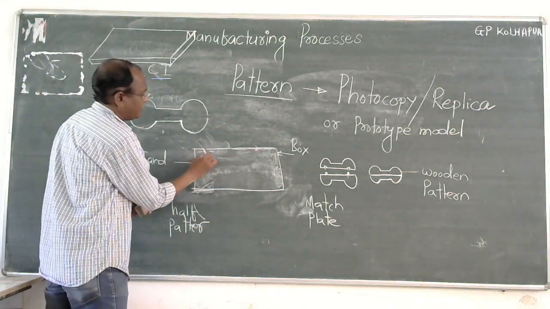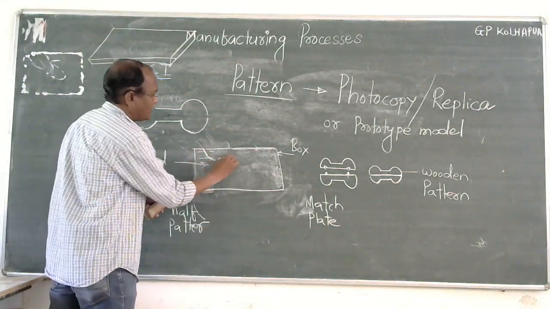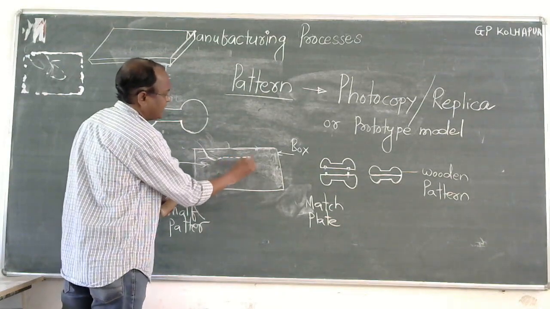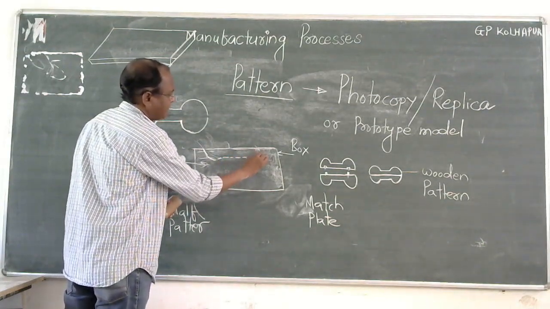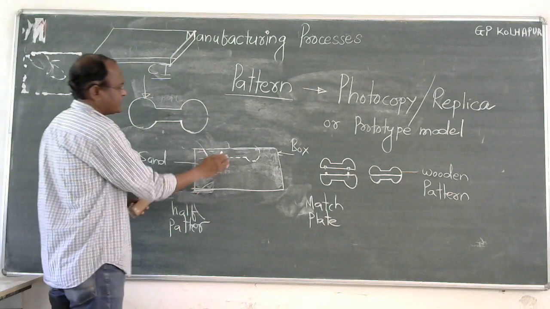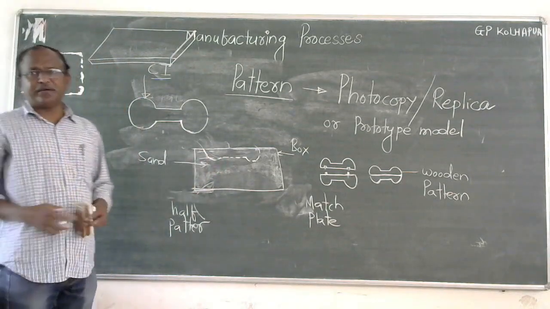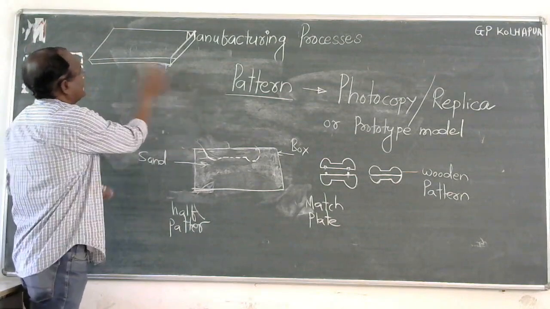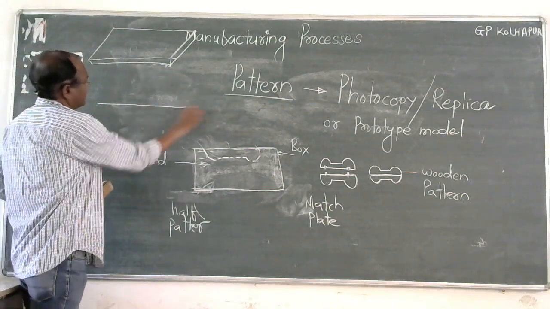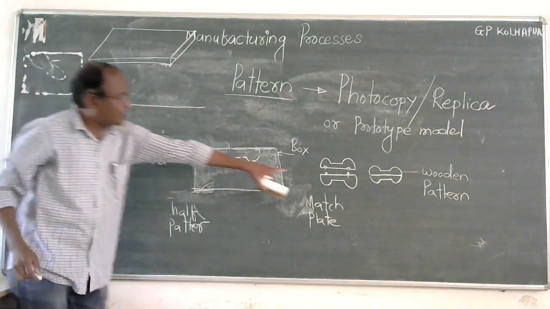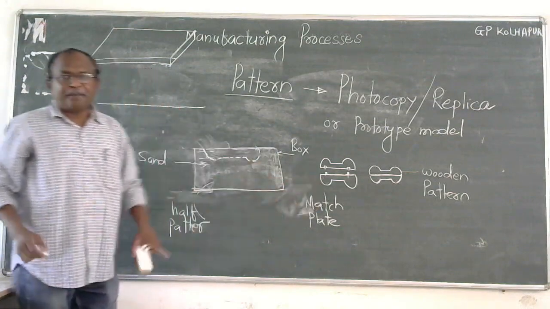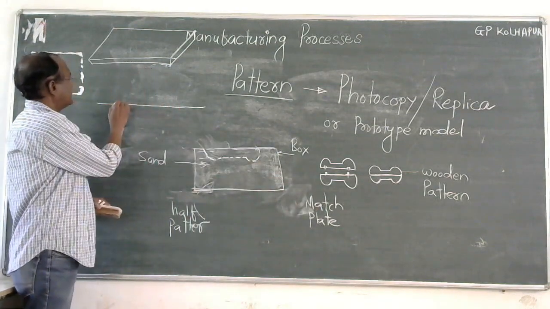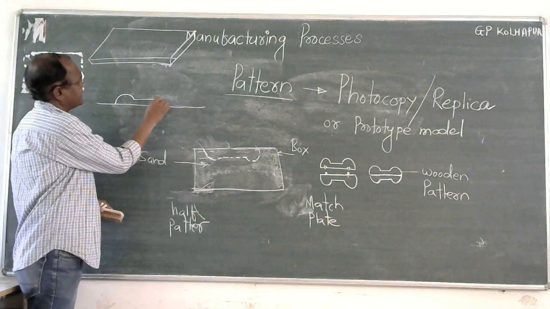So what will you get? You will have a mold cavity inside the sand. Inside this box there is the mold cavity. Now similarly, again you put the match plate on the ground floor, put another half pattern on the match plate.